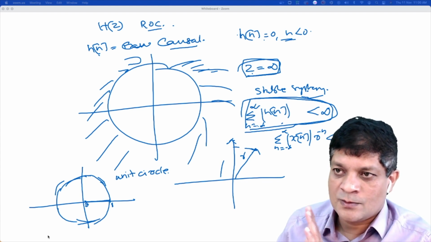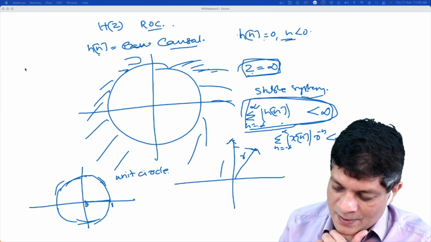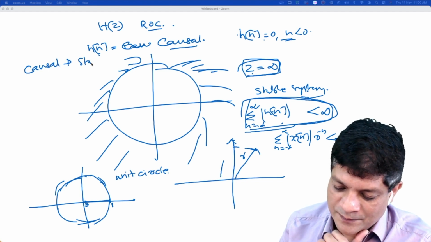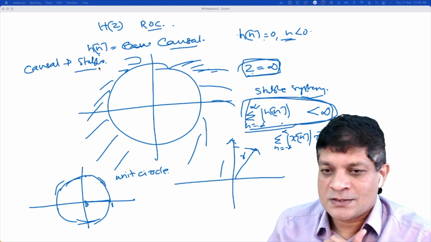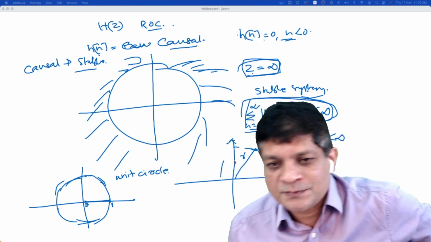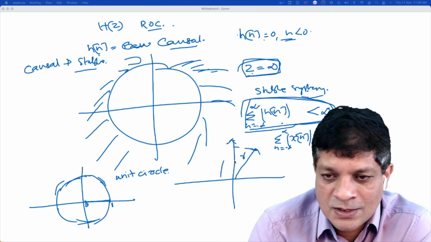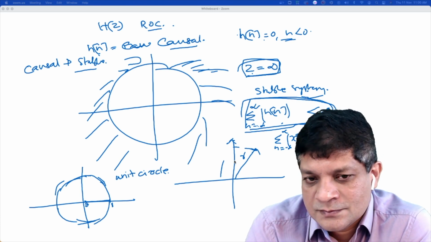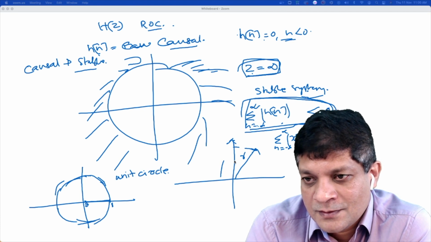Now, the last property. If a system is both causal and stable, can we say something about the location of the poles? The magnitude of the poles is less than 1.